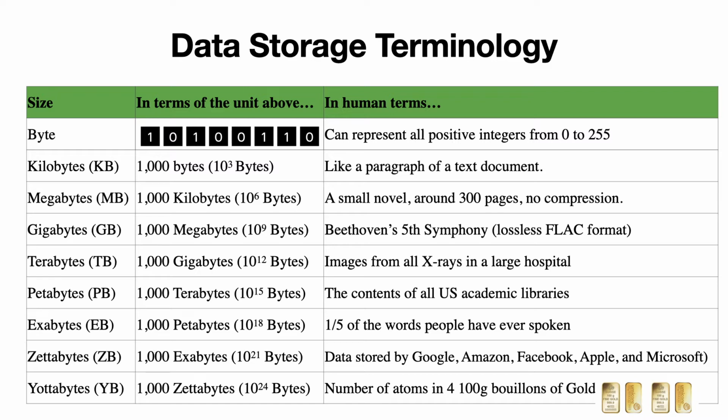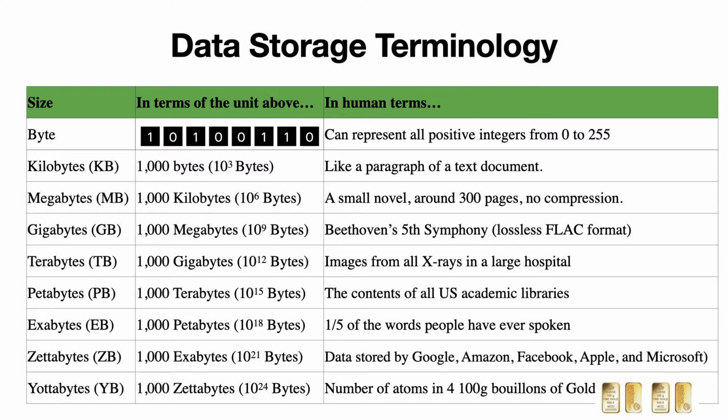In 1 terabyte, you can basically store all the images produced in a large hospital for 1 year. It's like 1000 videos of one hour in good quality. So a collection of videos.